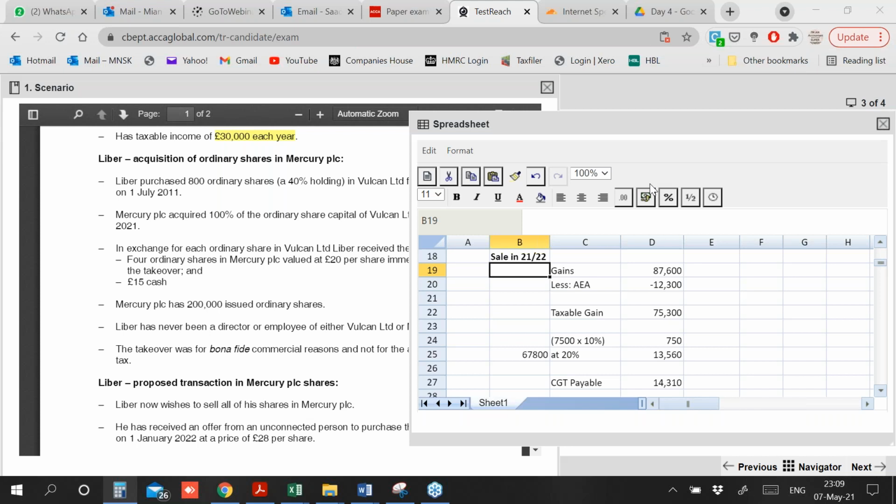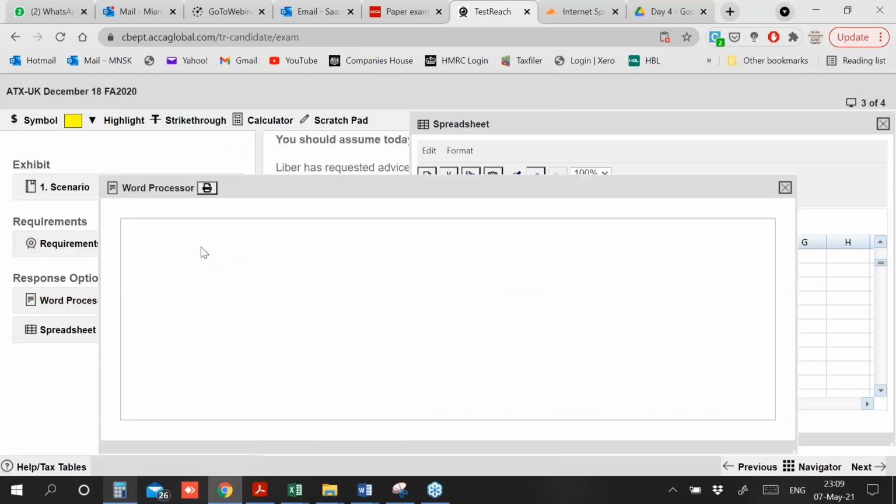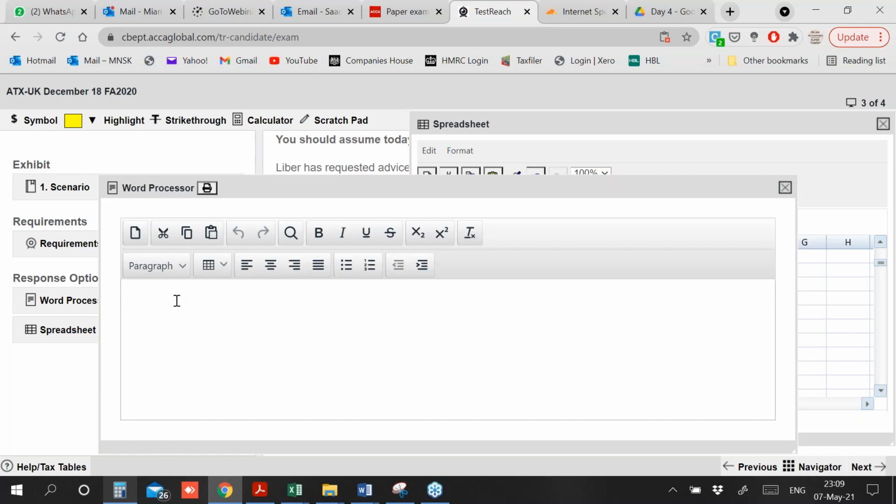Now, some of you ask, sir, how will we explain and how will we calculate? What you will do is, after doing this calculation in the spreadsheet, you will click on the word processor. You will explain what you are supposed to do, as if the client was sitting in front of you and you had to communicate with her on paper.